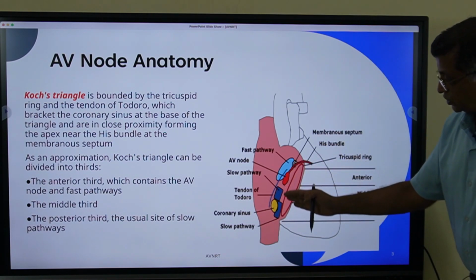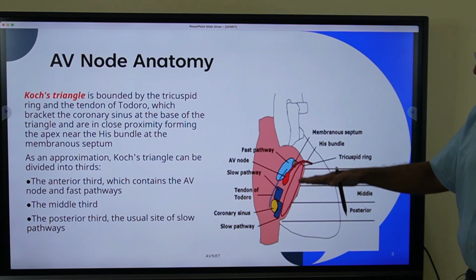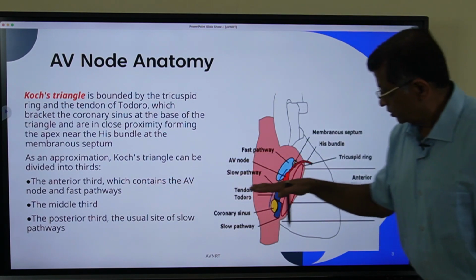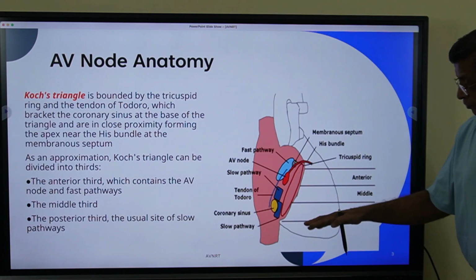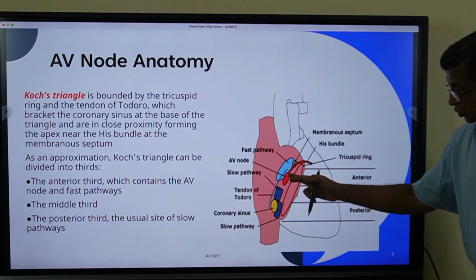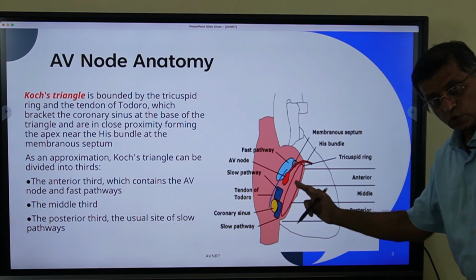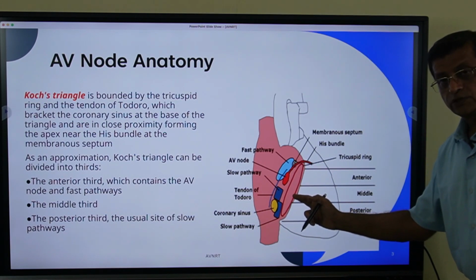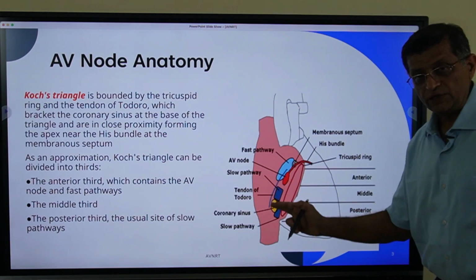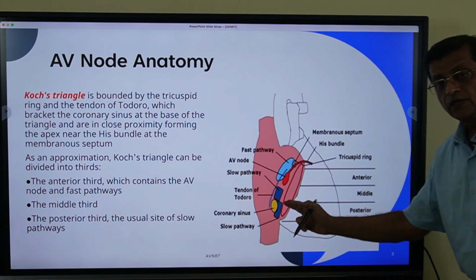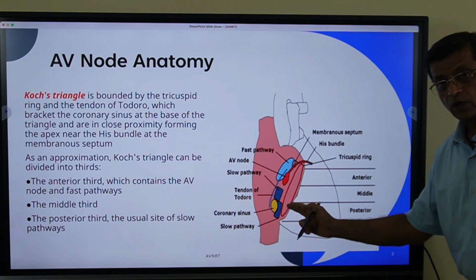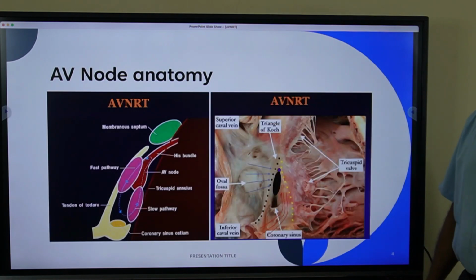This Koch triangle can be divided into 3 parts: the anterior third, the middle third, and the posterior third. The anterior third has the AV node and the fast pathways, and the posterior third has the slow pathways. This is important because whenever we require to do an ablation, this is mostly done in the slow pathway, that is the posterior part of the Koch triangle.